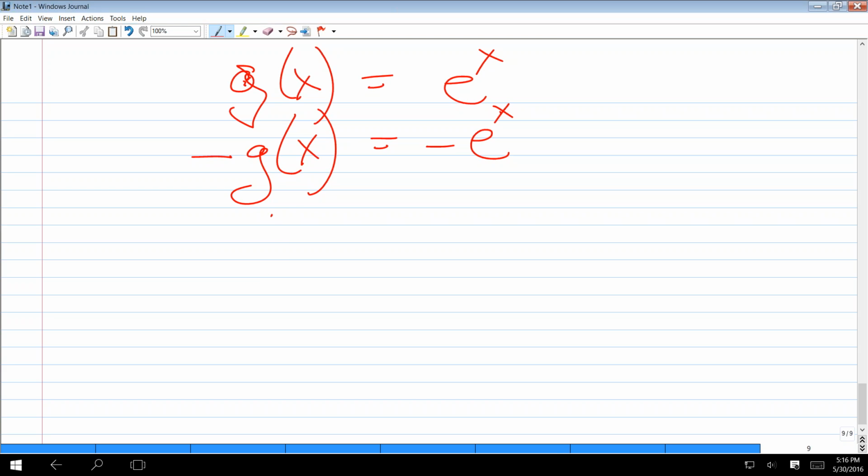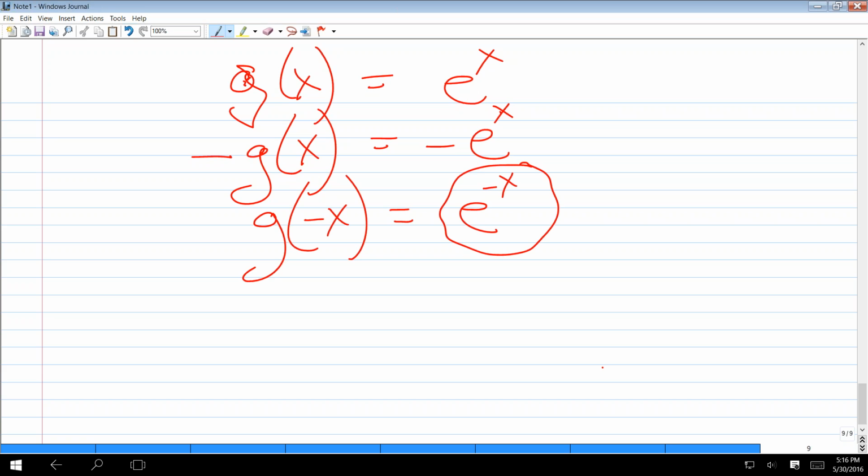The second one looks like this. That's this. A reflection over the y-axis. In other words, if they give you this, you've got to be able to talk about it in terms of f of x or g of x in order to know what's being done to it.